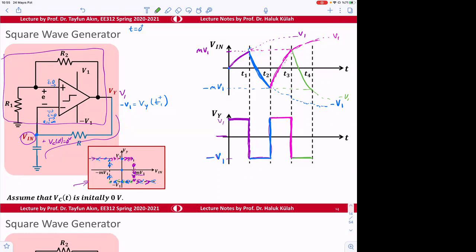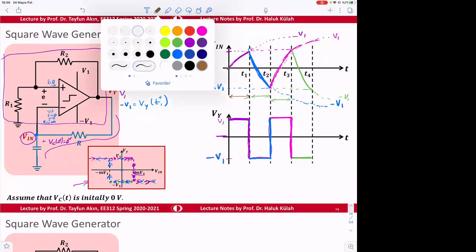So we can determine the time difference here between this time and this time should be equal to each other. This one maybe is not. The time difference here is going to be different because the signal goes from 0 to MV1. But in the other ones, it's the same thing.